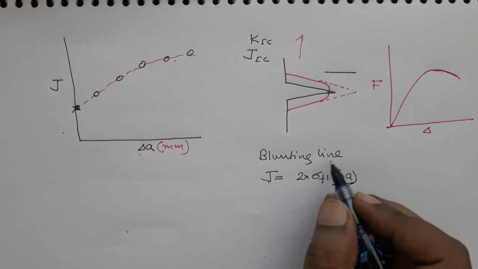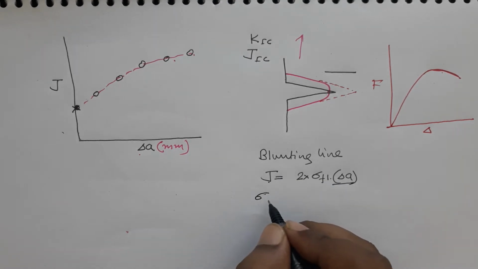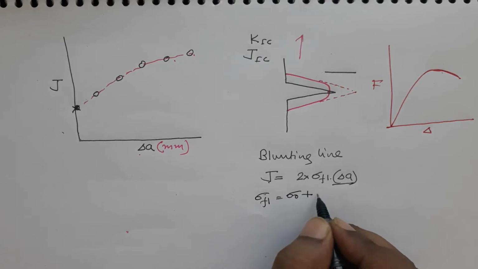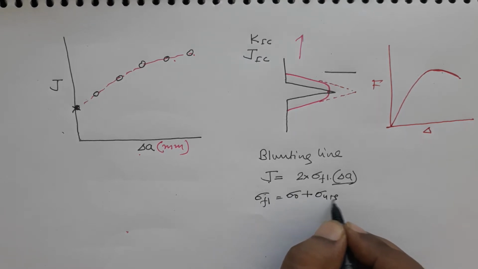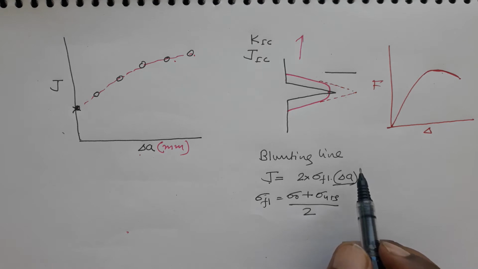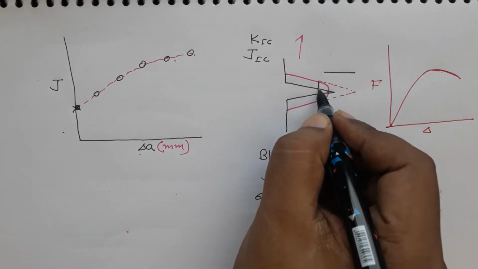Okay? So, you draw this line, so that means you are drawing a line between J and delta A, which has a slope of 2 into sigma flow, and sigma flow in this case is the flow stress, which is defined as the average of the yield strength and ultimate tensile strength. Okay, so we are taking an average value because in blunting, the stress is somewhere between sigma naught and sigma UTS. So, we do not know where the stress value is, somewhere between these two. So, we take an average value, and another assumption here is that this half, what is this distance?